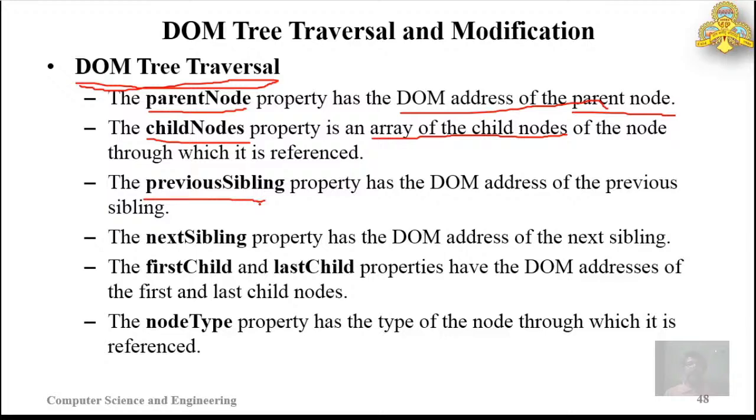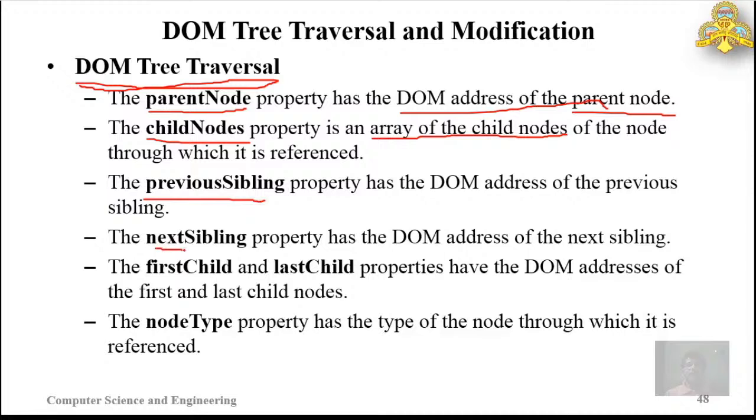That means if the element is at the same level in a document tree, sibling nodes are child nodes of the same parent node. In that situation the previous node's address can be accessed by using the property previousSibling.